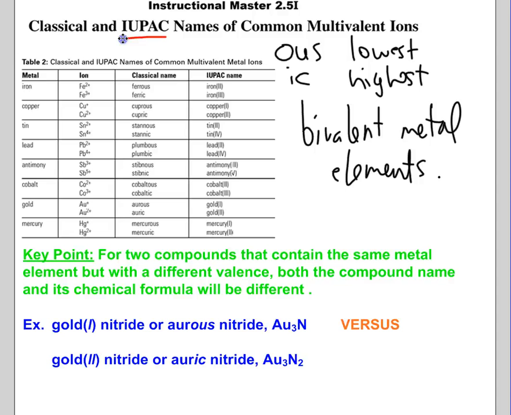The classical system, we would call it aurous nitride and auric. And these labels still sort of find themselves on chemical bottles in high school labs and maybe in the workplace. So it's helpful to be familiar with the two systems, but the IUPAC is generally recognized as the one that is recognized worldwide.